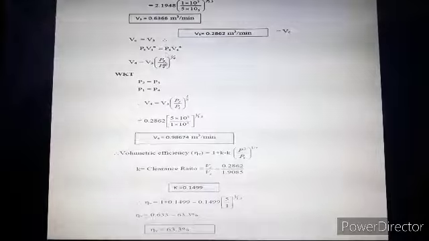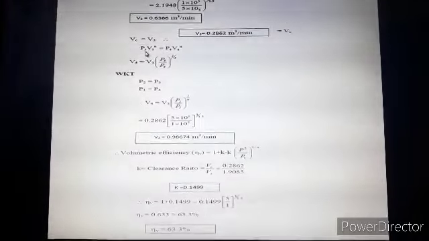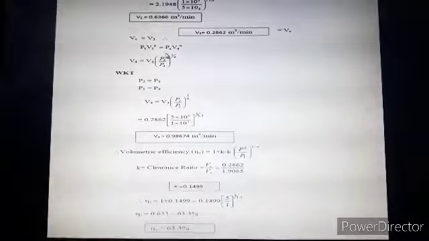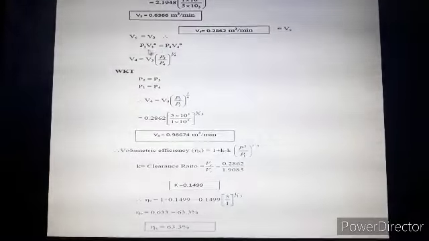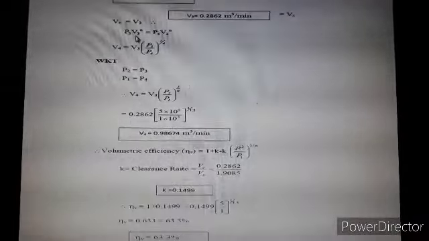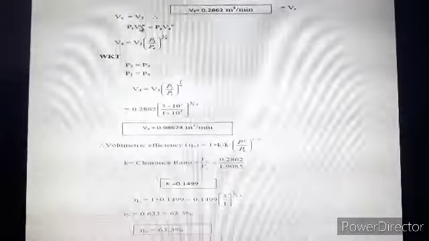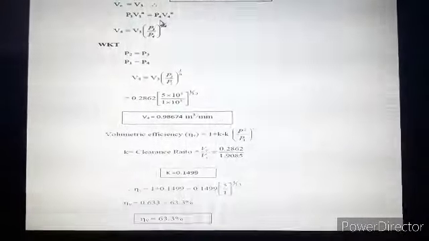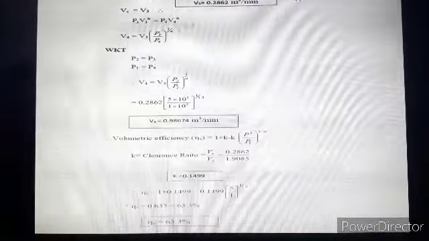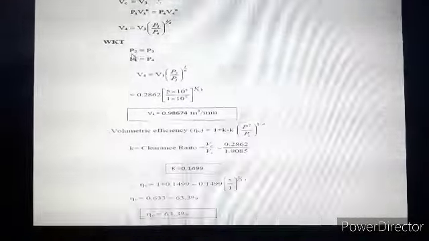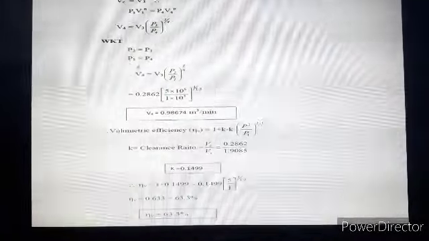Then in order to find the volume V4, we have to refer to the relation during expansion. So it is PV raised to n is equal to C. Accordingly we can write P3 V3 raised to n is equal to P4 V4 raised to n. Here V3 is equal to Vc, and we know that for the constant pressure process P2 is equal to P3 and P1 is equal to P4.